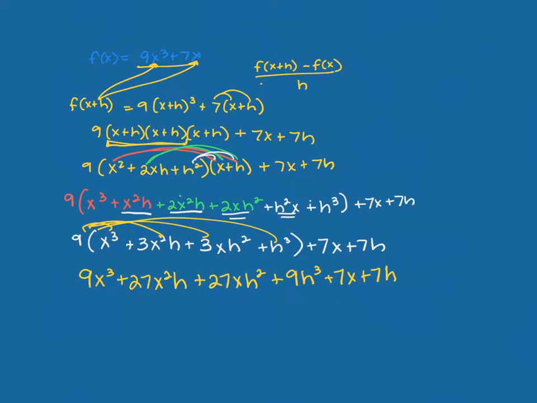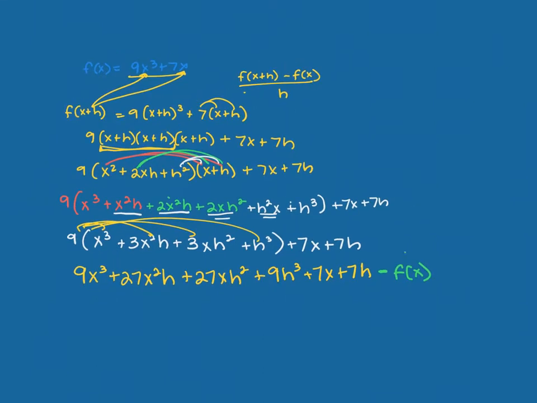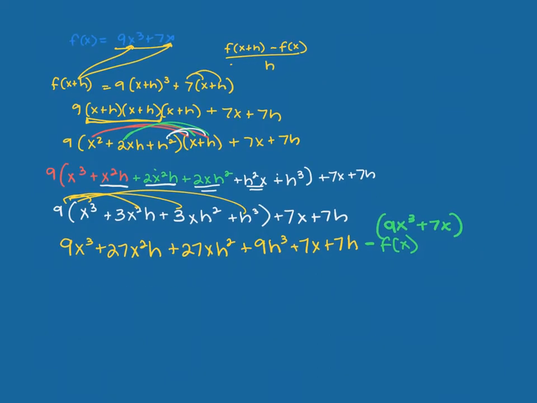Now from here, I got to subtract my f of x, which is 9x to the third plus 7x. So I get 9x to the third plus 27x squared h plus 27xh squared plus 9h to the third plus 7x plus 7h minus 9x to the third minus 7x.